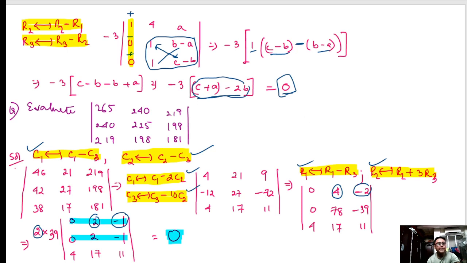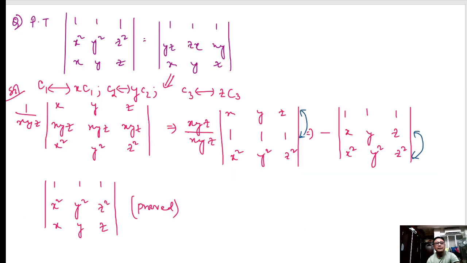Next, let's see the next sum. This is proof that this is equal to this. Okay, so see, again we are using some operations here. What operations? X times of column C1, Y times of column C2, and Z times of column C3.